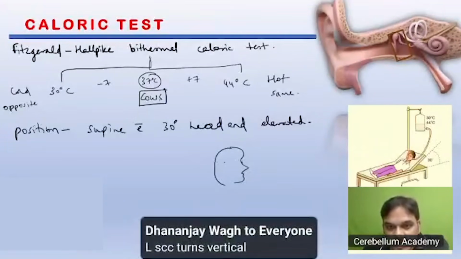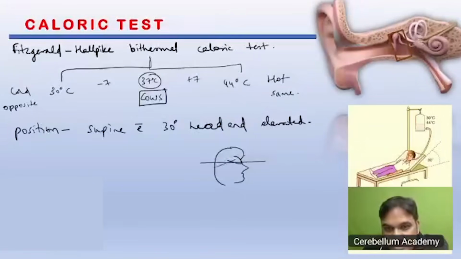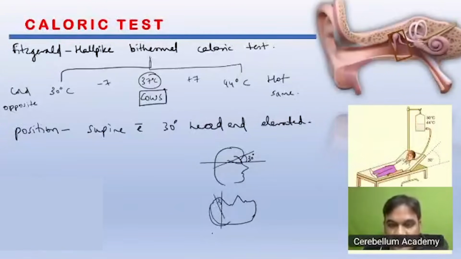So this is the horizontal plane. Your lateral canal is arranged in this way, 30 degrees like this. Understood? Now, this is the supine position, no?